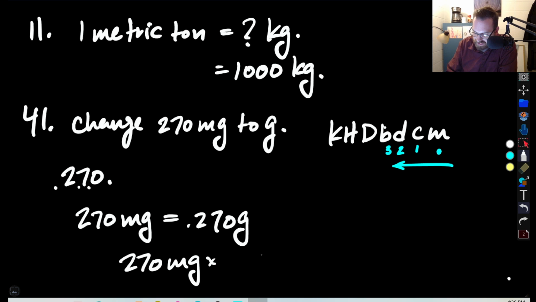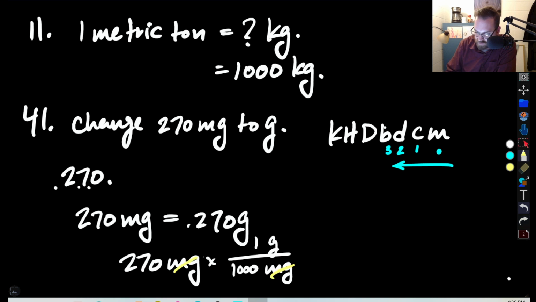Okay. If you wanted to do it the more mathematical way, you would do 270 milligrams, and we'd multiply that by a fraction where the milligrams will be on the bottom because we want to cancel those units out, and the grams would be on the top, and then you just have to figure out the conversion factor in that particular problem. So here I know that 1 gram is 1,000 milligrams, and then you would cancel these things out. Let me do a different color here.